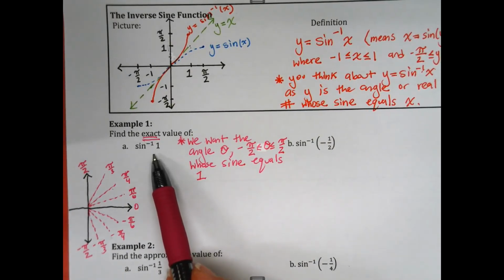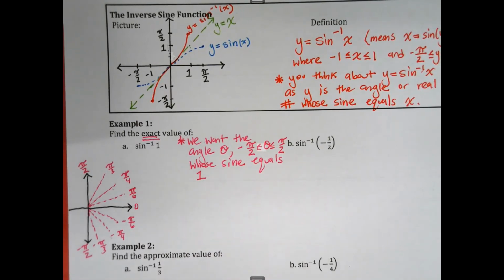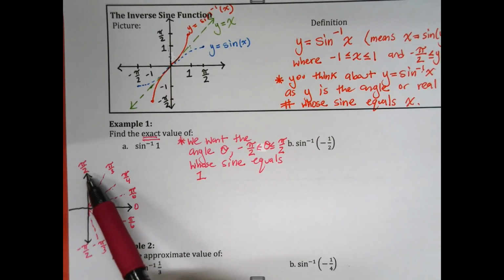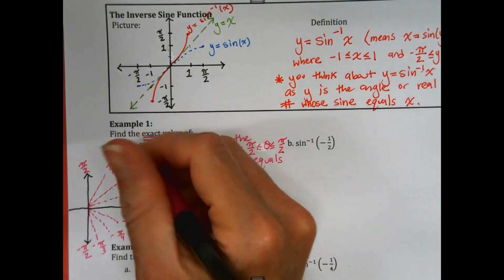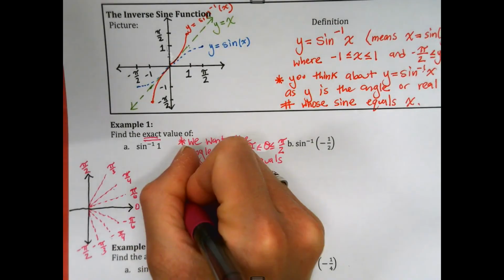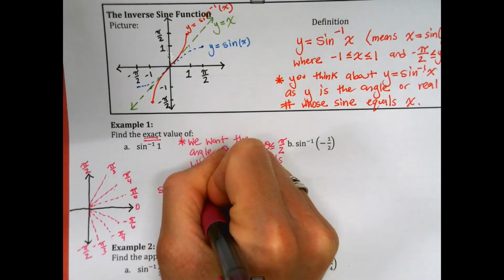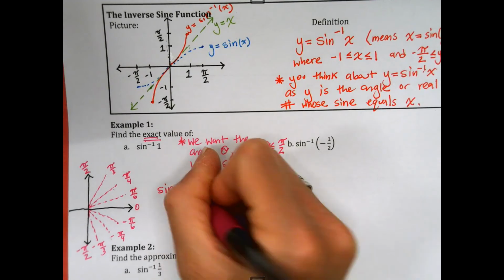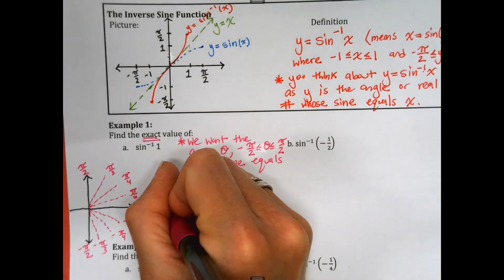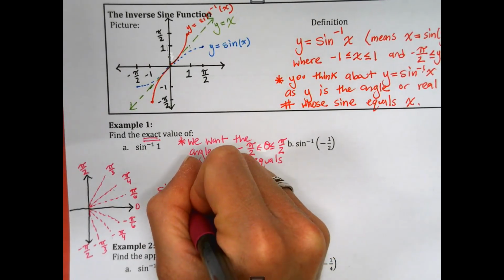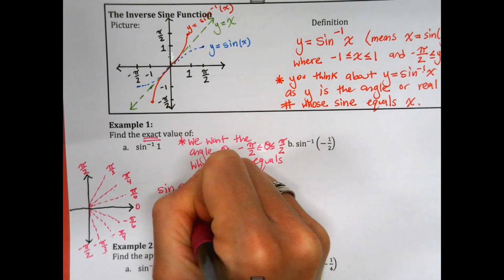We want our y value to be 1. So the place that it is 1 is at pi over 2. So essentially we could say that we want sine of theta to be equal to 1. And our answer, therefore, theta, is going to be equal to pi over 2.